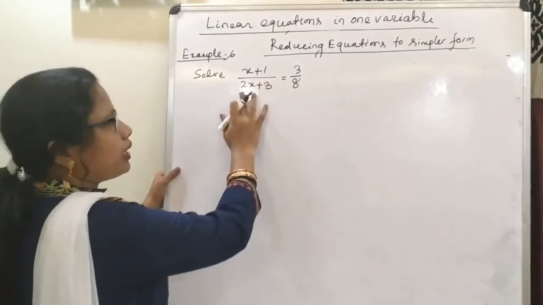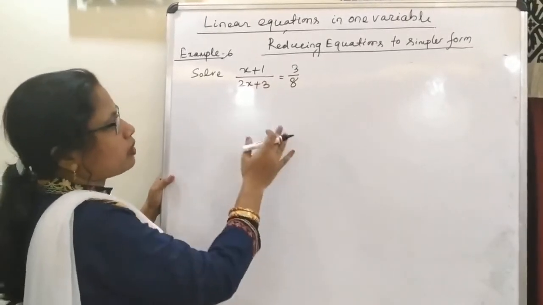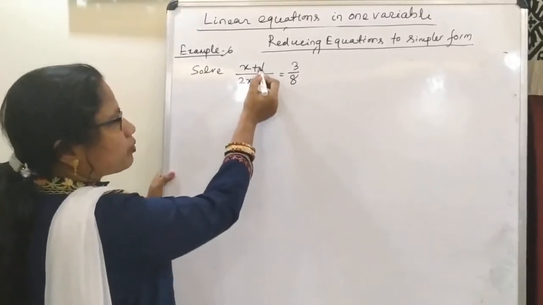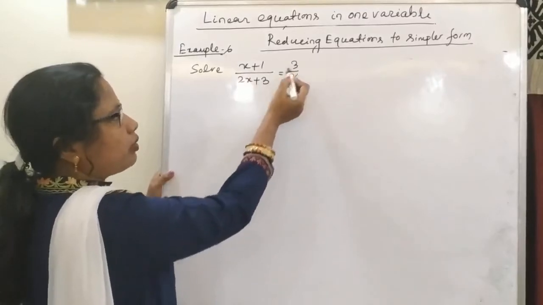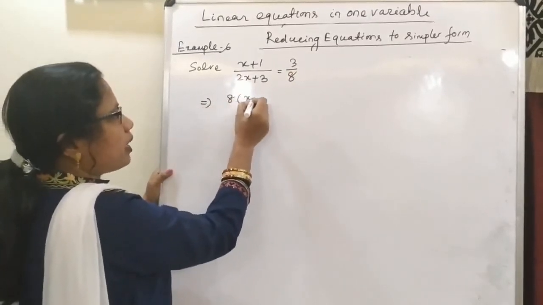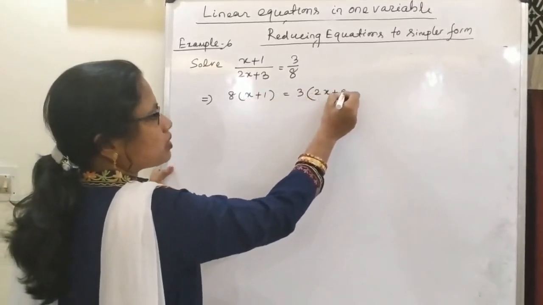(x plus 1) by (2x plus 3) is equal to 3 by 8. In this type of equation, you cross multiply. So here 8 will be multiplied with x plus 1 and 3 will be multiplied with 2x plus 3. So this implies 8 multiplied with x plus 1 is equal to 3 multiplied with 2x plus 3.